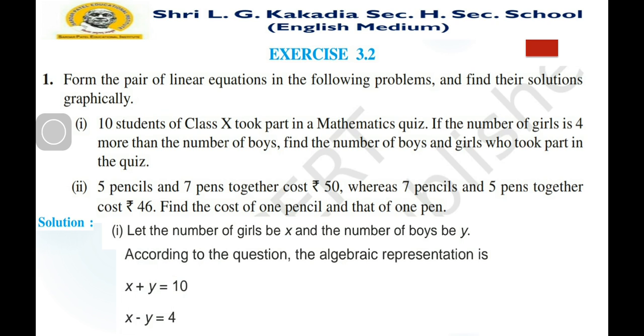Now next, given that the number of girls is 4 more than the number of boys, means x is equal to y plus 4. So let me move y from RHS to LHS. So we get x minus y is equal to 4.